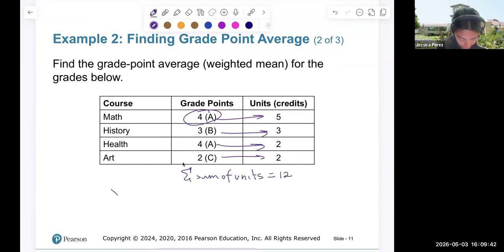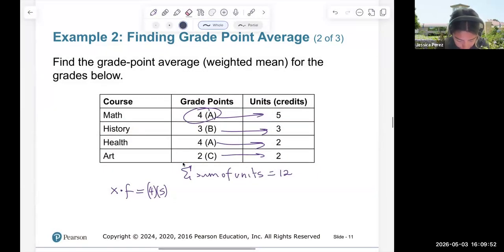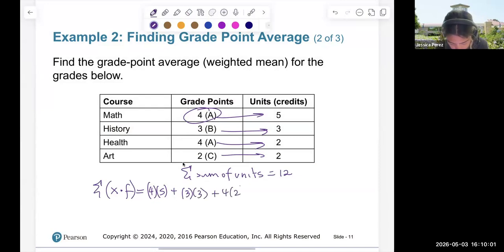Now we're going to take X times F. So we have 4 times 5. And then we're going to have to add that. So we're going to need the sum of the product. So plus 3 times 3 plus 4 times 2 plus 2 times 2.